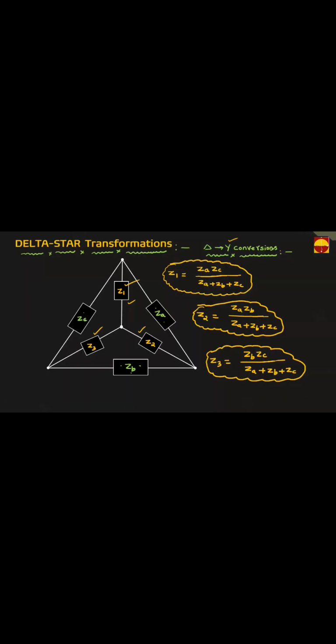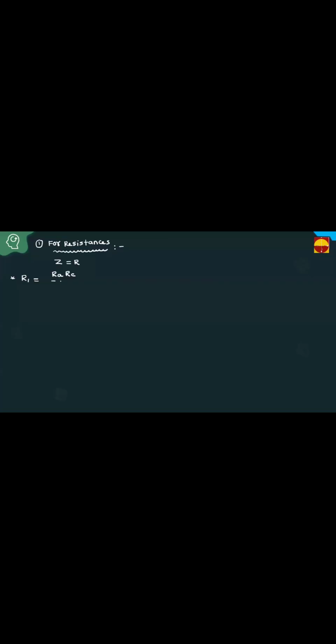Then how to calculate R1? Instead of Z1, I'm taking R1. Then RA into RC by RA plus RB plus RC. This is the calculation of R1.